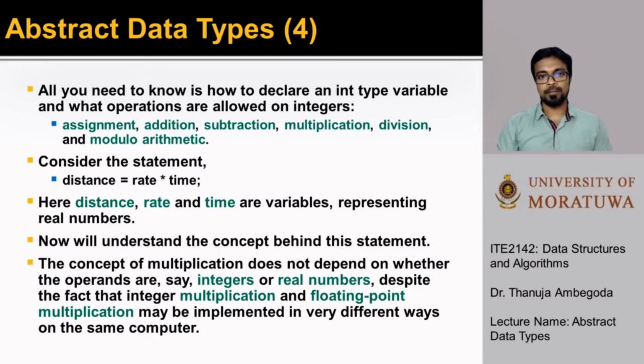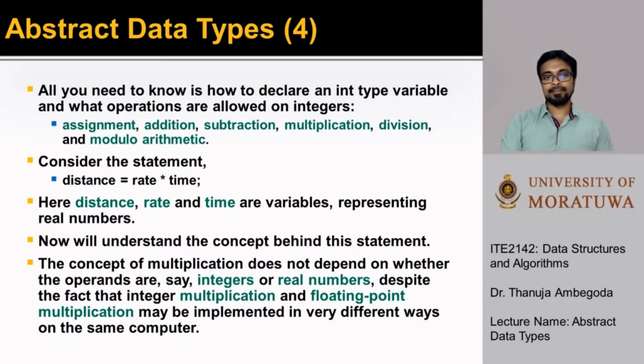So when you write a program, let's say in Java, and you use integers as a data type, what you need to know is the set of operations that are allowed on integers, right? So we have assignment operations, addition, subtraction, multiplication, division, and modulo arithmetic.